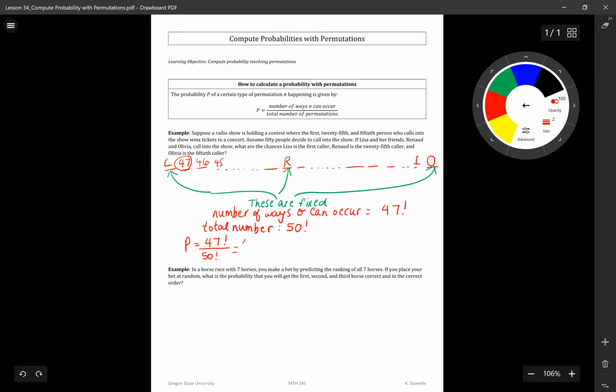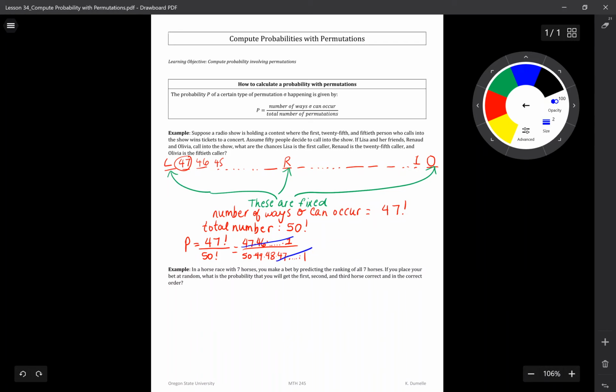So if I were to write this out, I'd get 47 times 46 all the way down times 1, and then over 50 times, what, I forgot 49, didn't I? 50 times 49 times 48 times 47 times all the way down to 1. So some stuff cancels, right? I can cancel all of this stuff with all of this stuff.